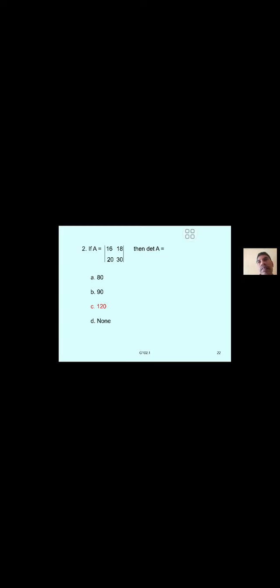Determinant. So in the 3 by 3 we have 3 rows, 3 columns. By taking any row or any column, we can write the determinant of the 3 by 3. In the first row, imagine A, B, C are the elements, then A into its minor plus B into its minor plus C into its minor is called the determinant.